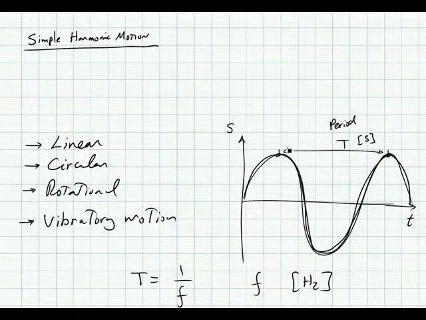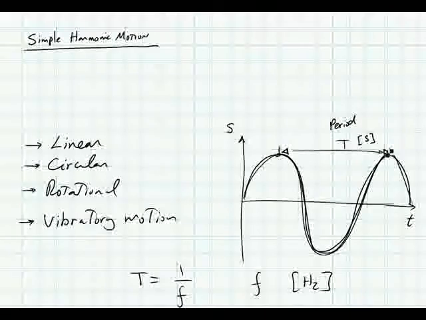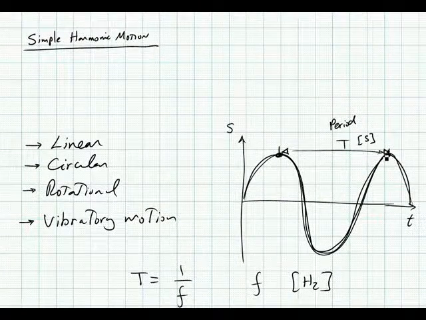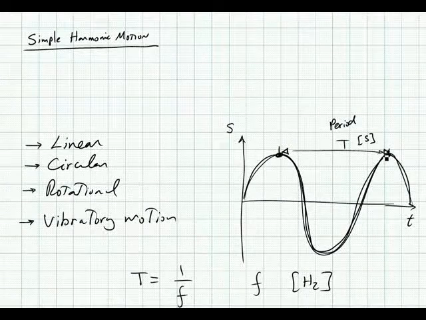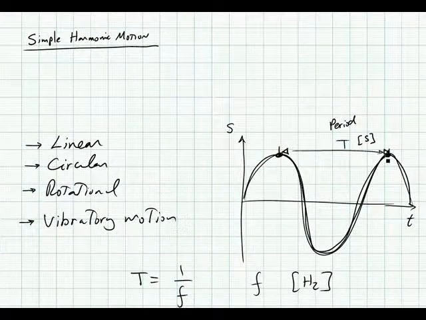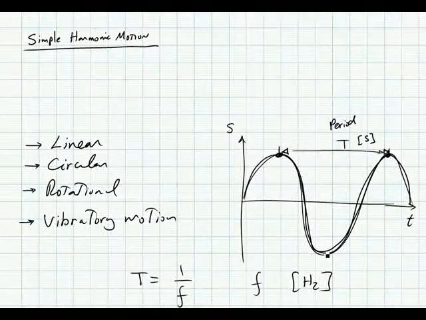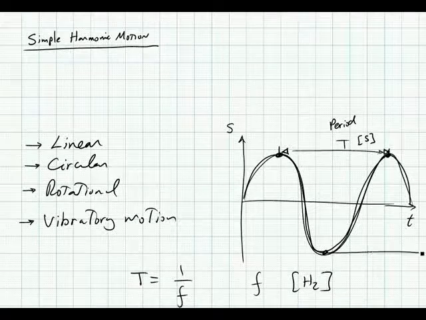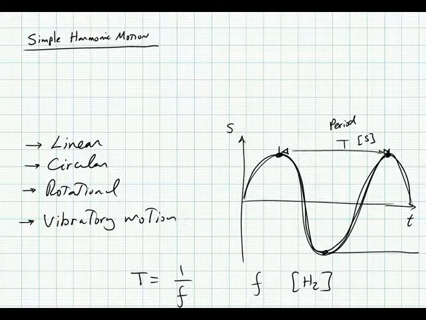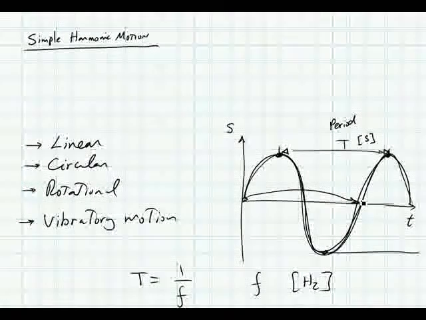The period is defined as the time interval over which the displacement of the object is back to where it was. So it's the period as a time interval from peak to peak, or crest to crest, or the zero crossing to this zero crossing right there.